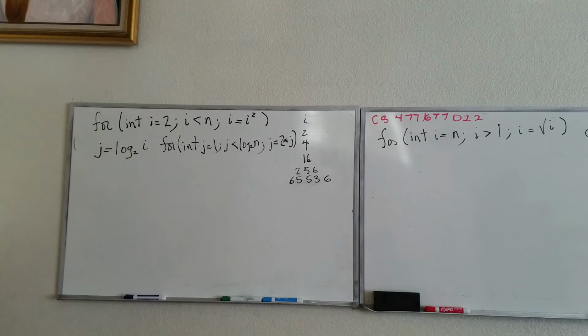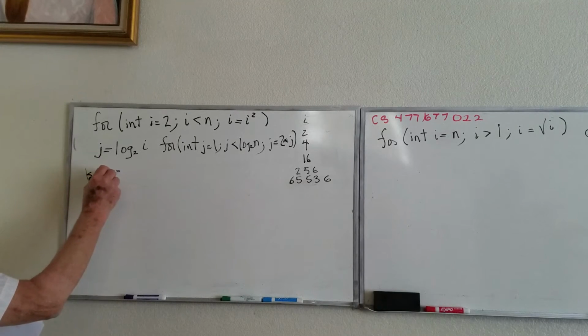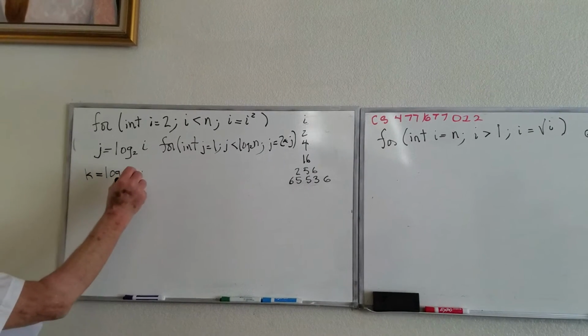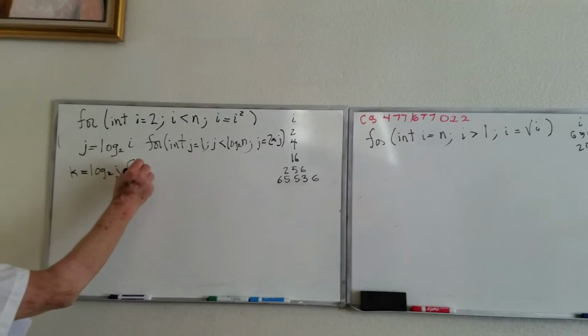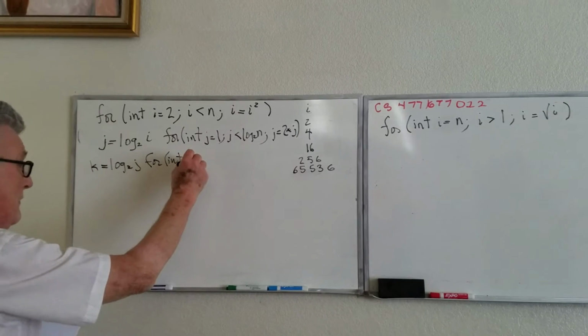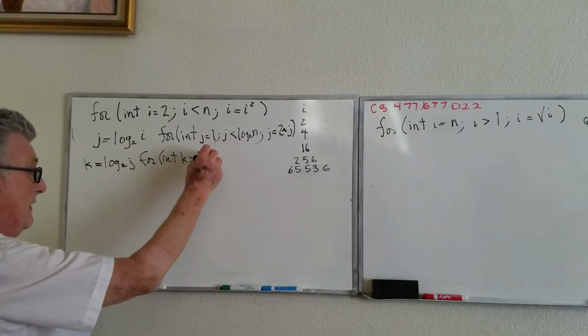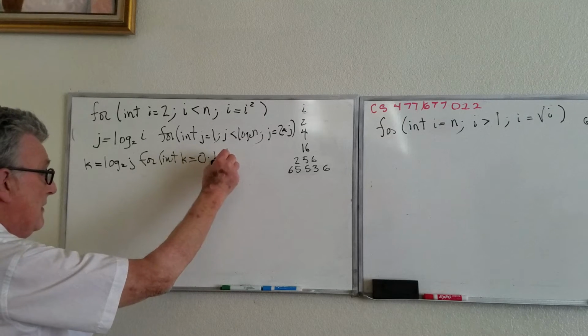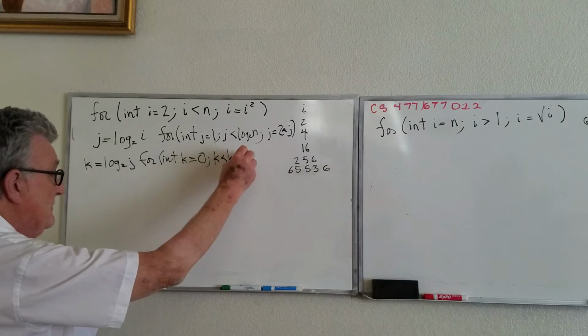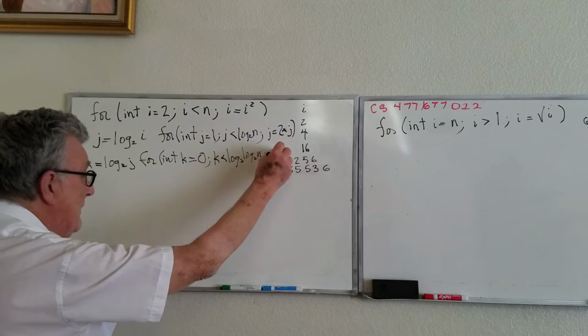All right. Now, if we want to know what to do with the next thing, we can do another substitution. k equals the base 2 logarithm of j, and then we get for int k equals the base 2 logarithm of 1 is 0, k less than log of n, and then k plus plus, because we're only increasing it by 1.